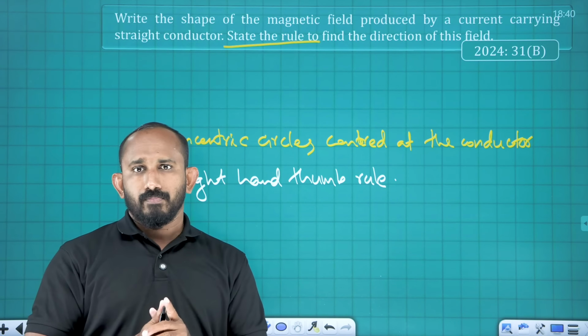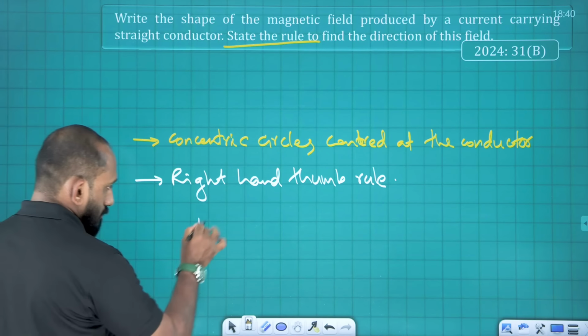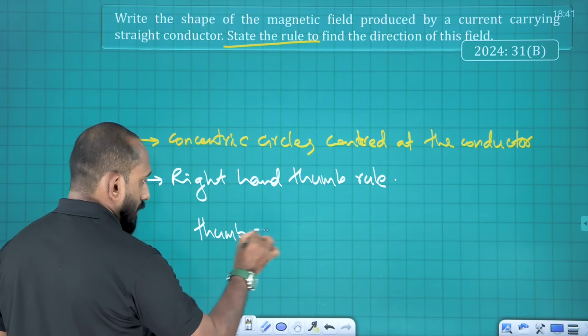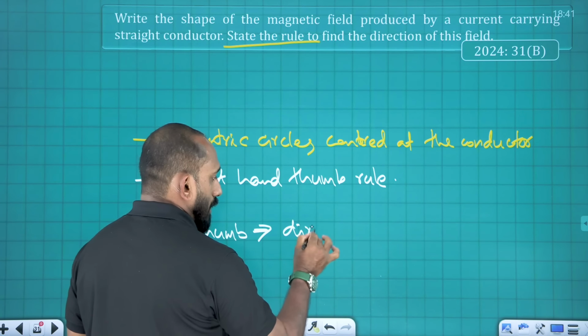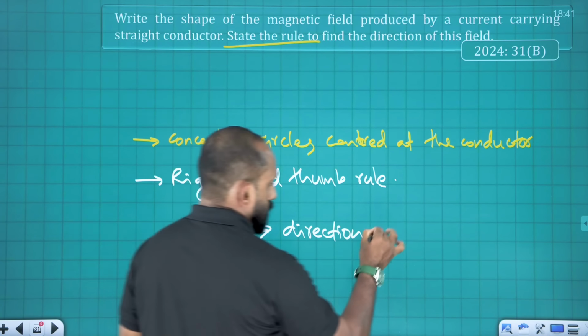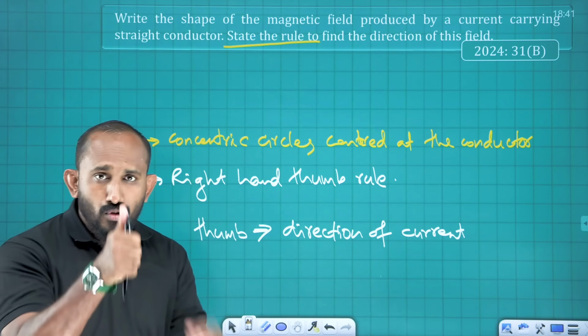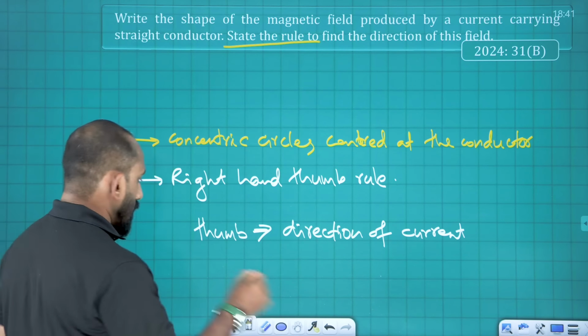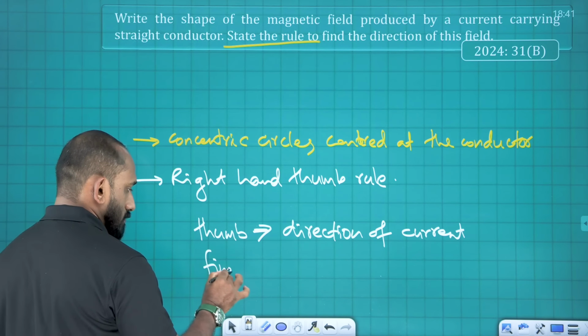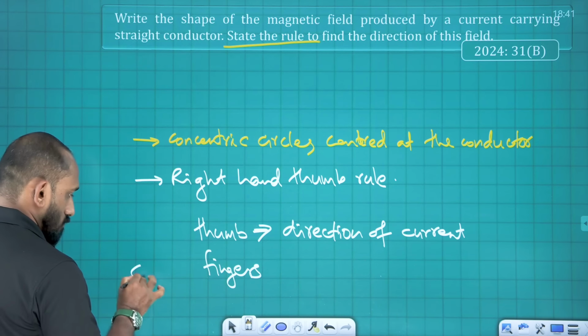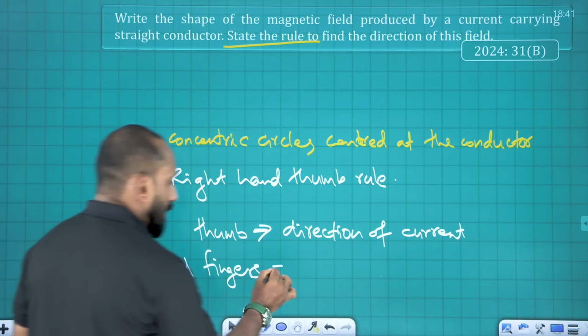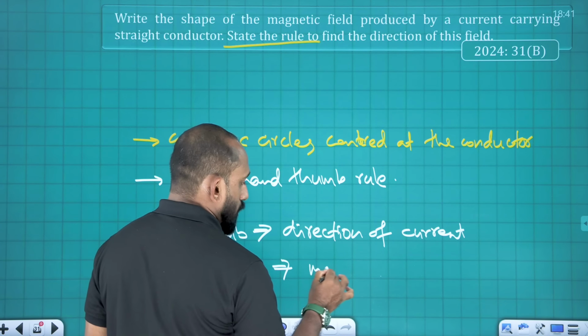Once more, thumb gives you what? Direction of current. So thumb should be along the direction of current. Then curled fingers, that gives you the direction of magnetic field.